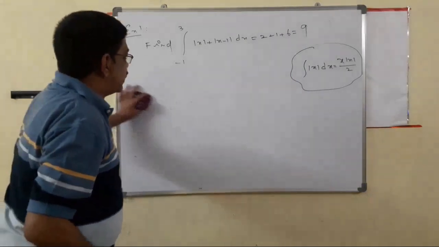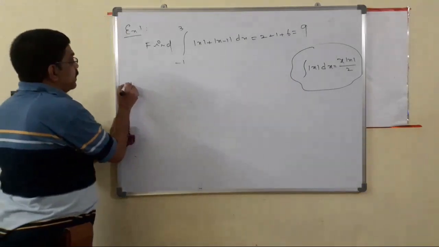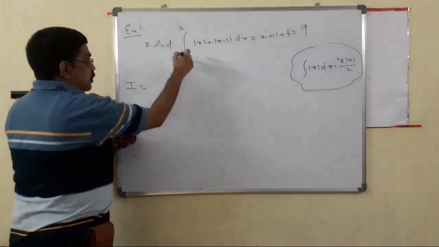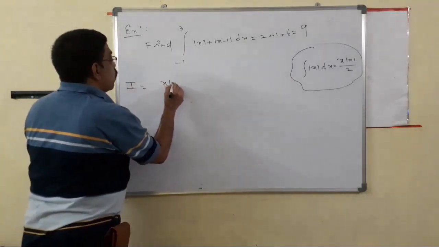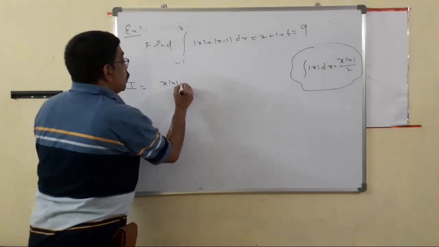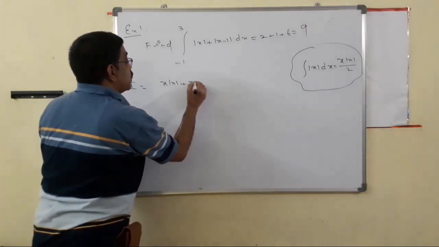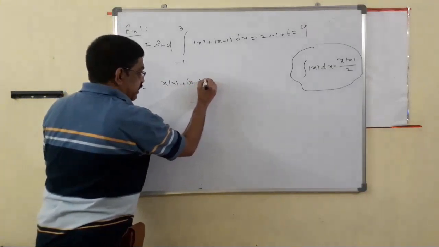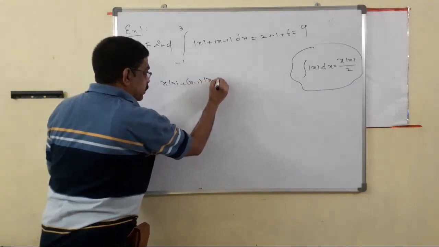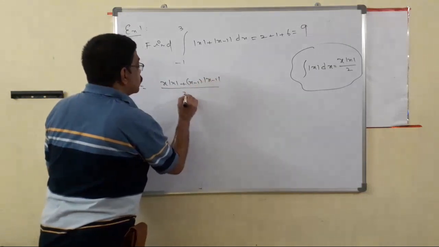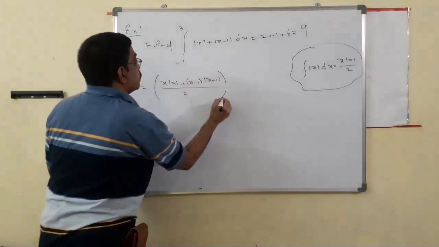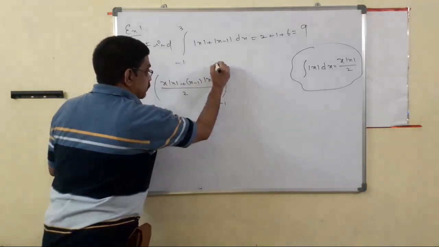Now I can straight away write I equals x mod x by 2 plus (x minus 1) times mod x minus 1, the whole thing divided by 2, and the limits are running from minus 1 to 3.